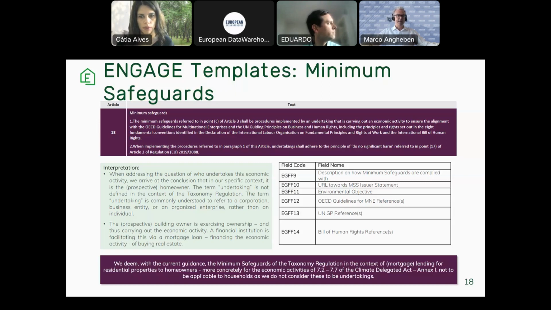And here we look at, in particular, the current guidance in terms of the minimum safeguards of the taxonomy related to the economic activities that are under 7.2 and 7.7 of the Climate Delegated Act. And we do not consider this applicable to the households, as we do not consider this to be undertakings. So those are some interpretations based, again, on the questions and answers of the European Commission in terms of the taxonomy regulation. Next.